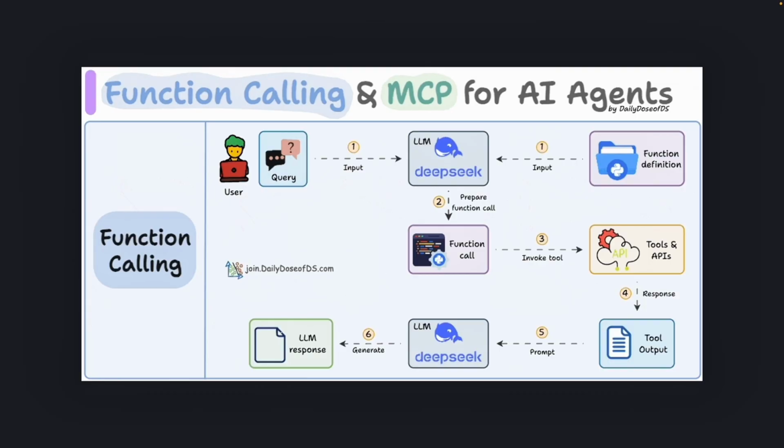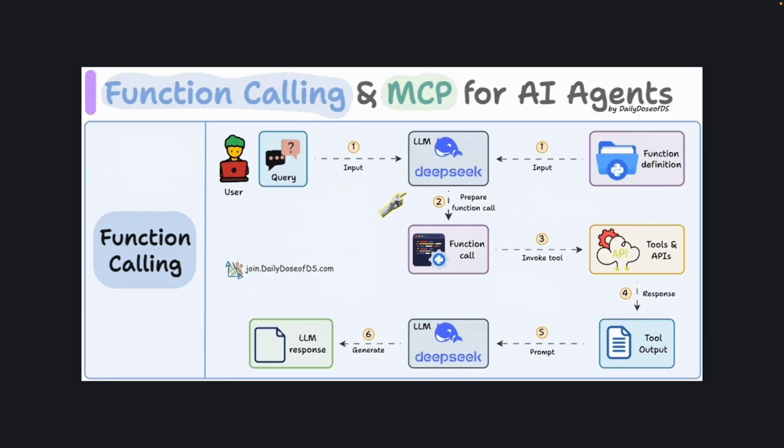Here's the basic idea. In programming, you define functions or methods to perform specific tasks. With function calling, you can provide these function definitions to an LLM. When you send a query, the LLM decides whether it can answer directly or if it needs to use a tool.